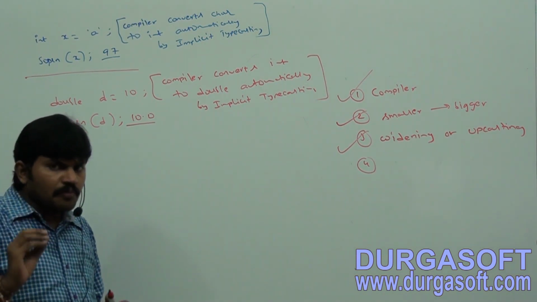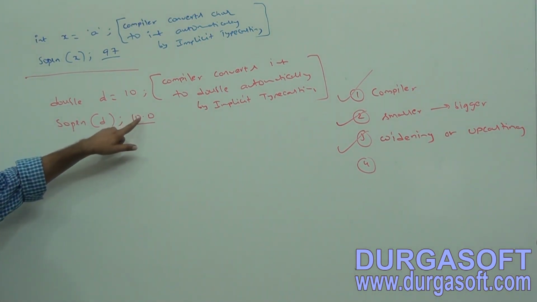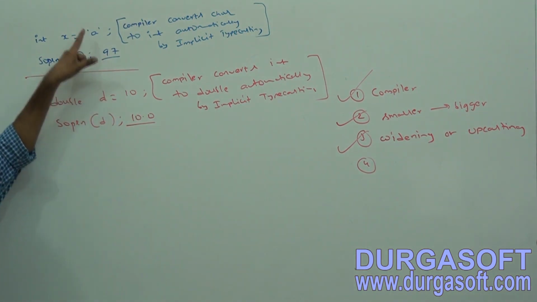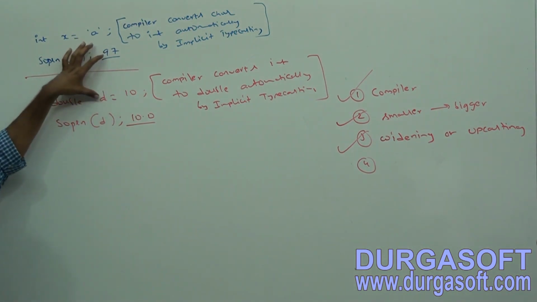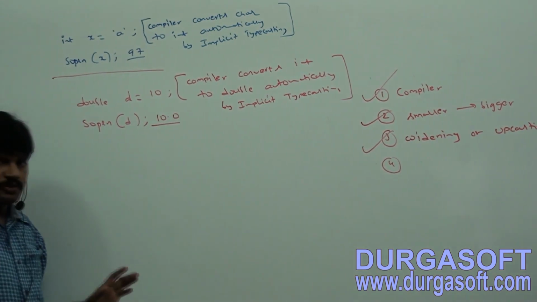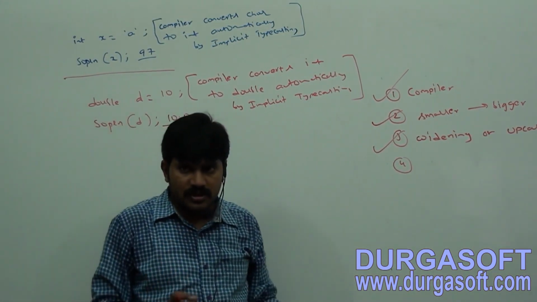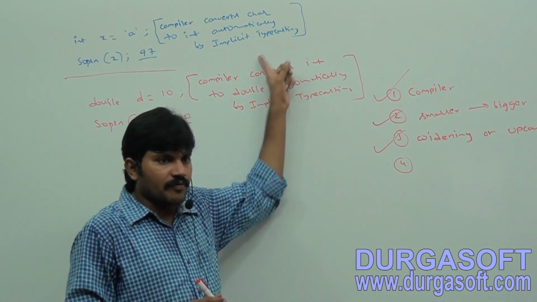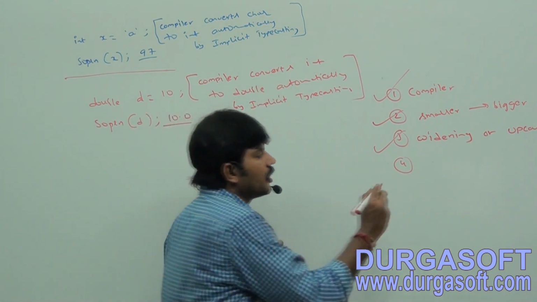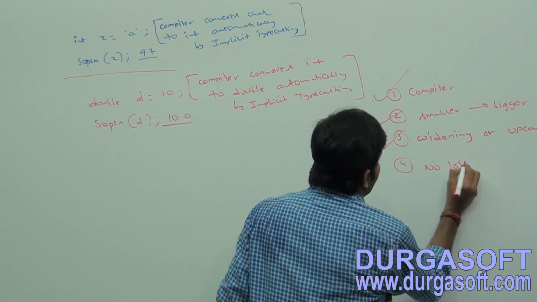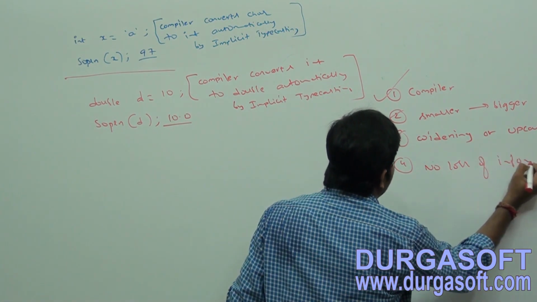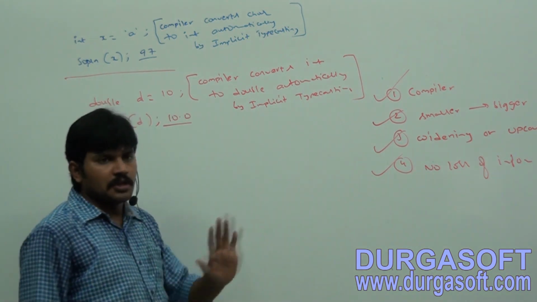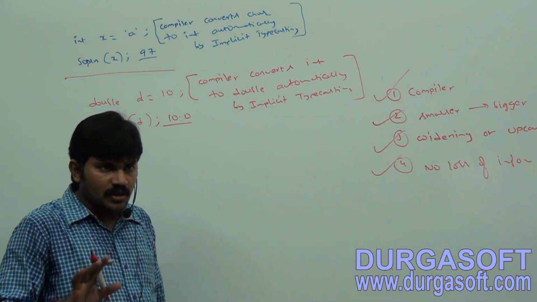Sir, at any point of time 10.0 we can convert to 10, and 97 we can convert to the char. So in implicit typecasting there is no loss of information. If there were really a loss of information, the compiler wouldn't perform this activity. They say there is no loss of information in this typecasting.